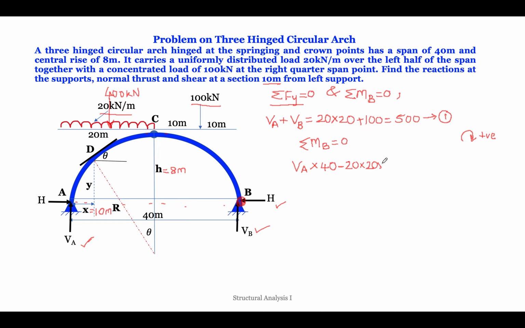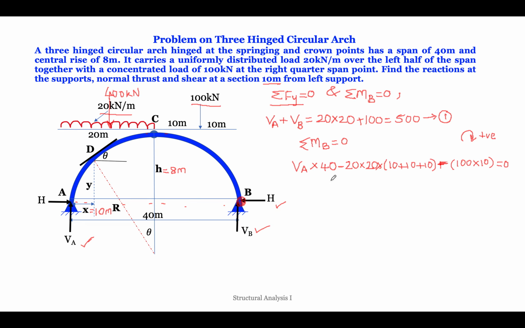So CG distance will be 10 plus 10 plus 10, that is 30 meter. Plus the next load, the point load. So 100 into 10, and it is also in anti-clockwise direction. So sorry, here it is not plus, it will be minus. So this is minus 100 into 10 is equal to 0.